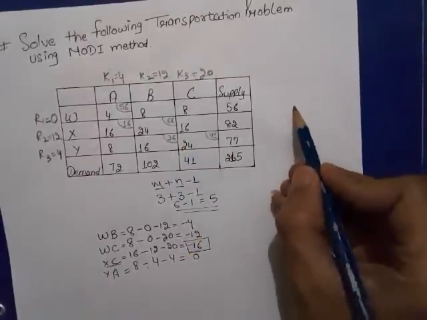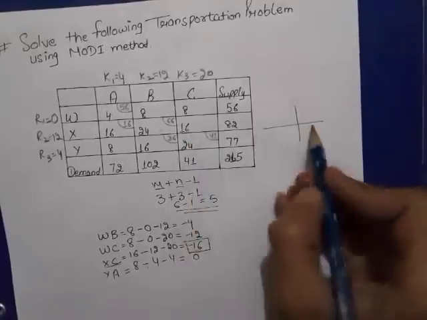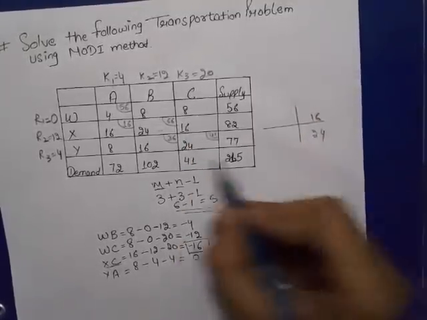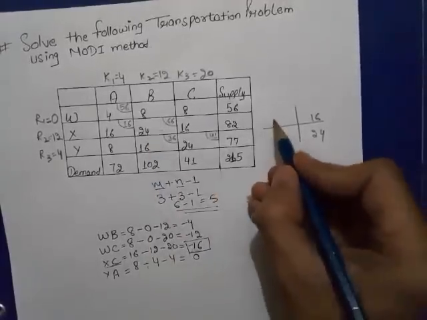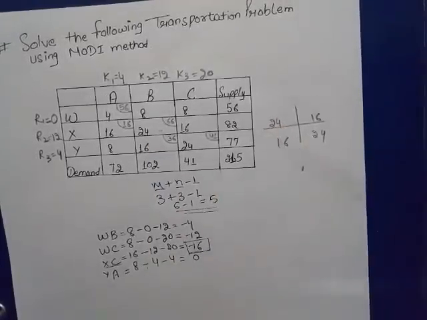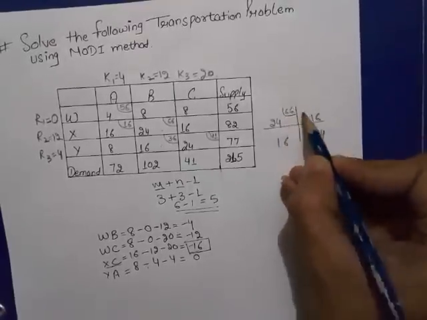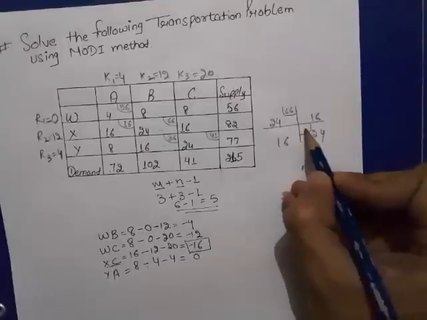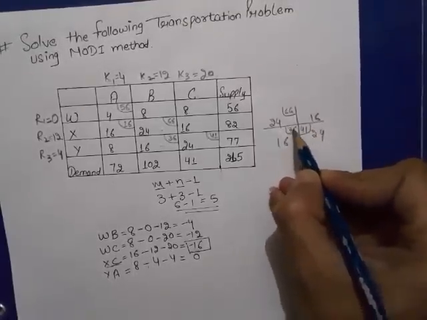We have to make changes in this 16, 24, 16, 24. The occupied 66. This is unoccupied, 41 and 36.